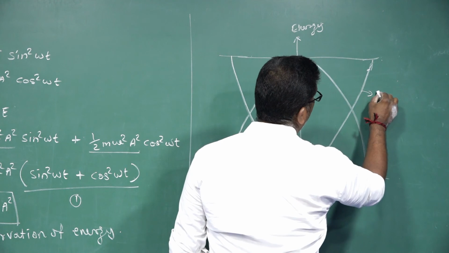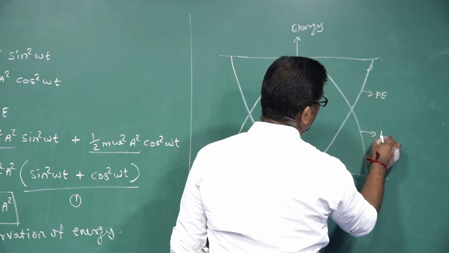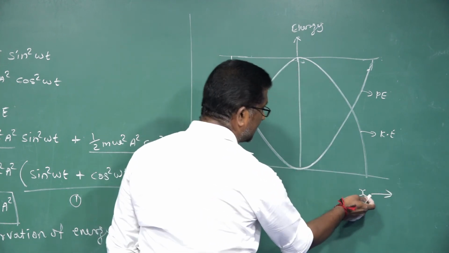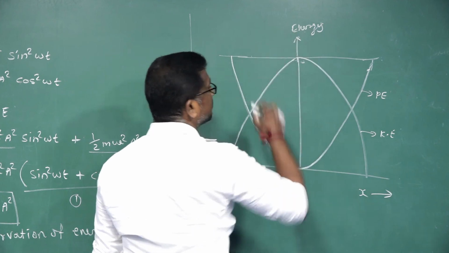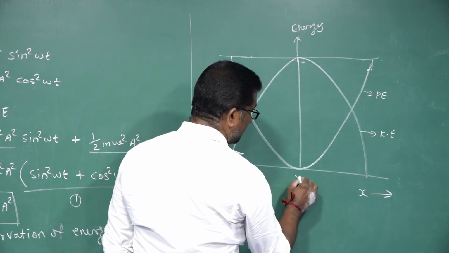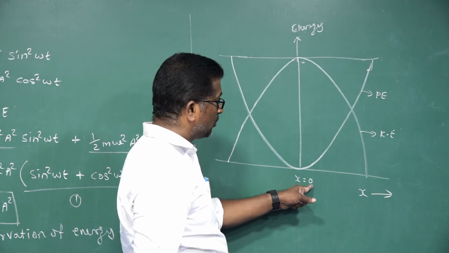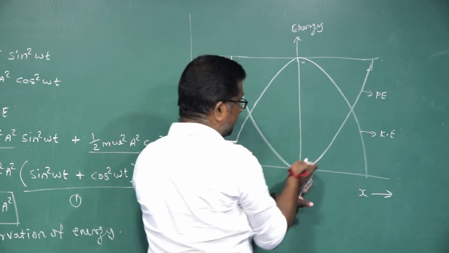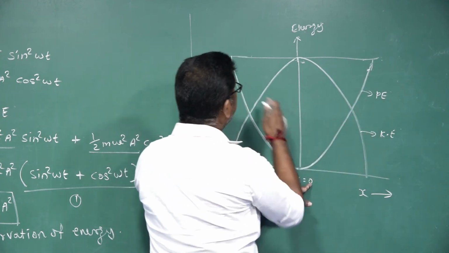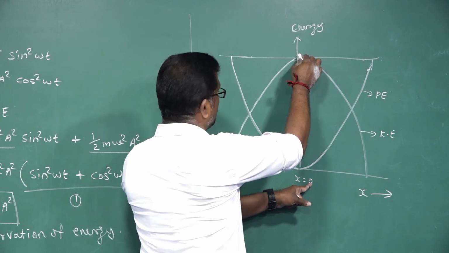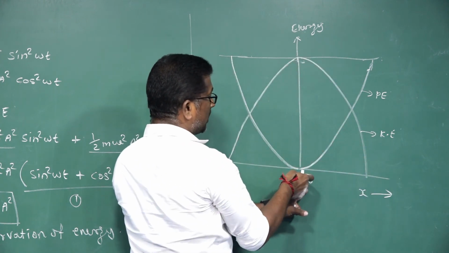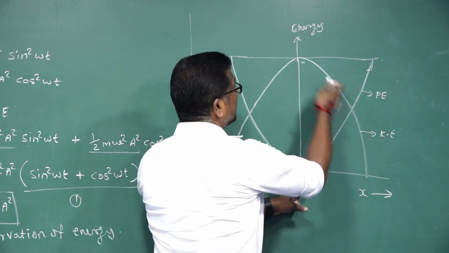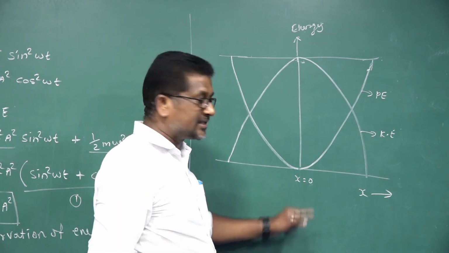This is potential energy and this is kinetic energy. Here the graph is drawn between the displacement and the energy. If the displacement x is equal to 0, the potential energy value is 0, whereas the kinetic energy value is maximum. This is the kinetic energy variation graph.